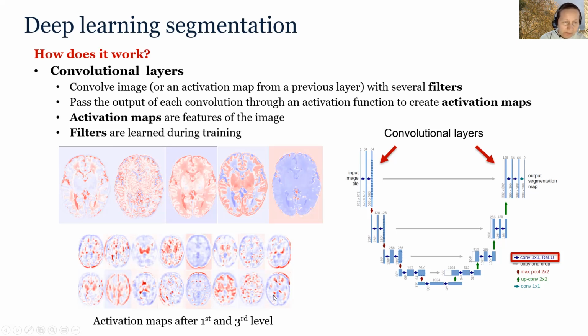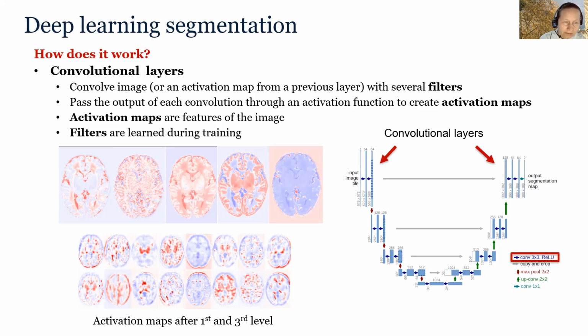A very important difference between convolutions used in deep learning and convolution as we saw it at the beginning of this module, when we produced features by kernels designed, for example, to detect edges or blobs or similar, is that these filters are not designed, they are learned during training. Basically the filters are the parameters of the network.